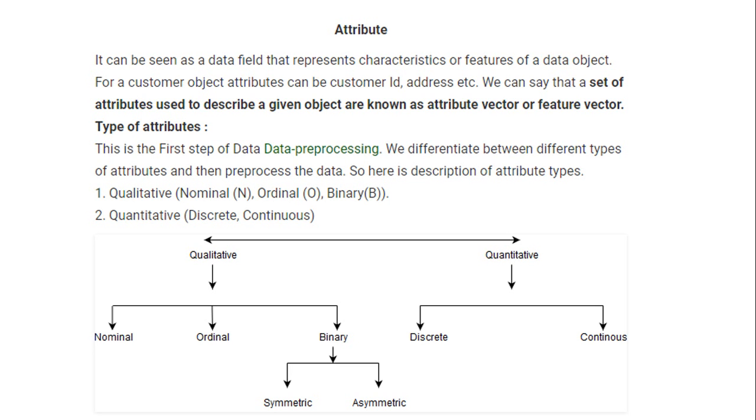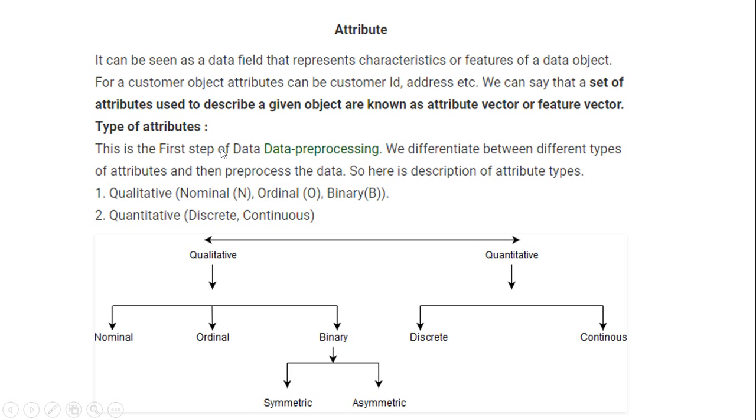Attributes describing a customer object, like I said earlier, can include the customer ID, the customer address, customer name, customer surname, and many more. Like I said, they can be known as an attribute vector or feature vector.